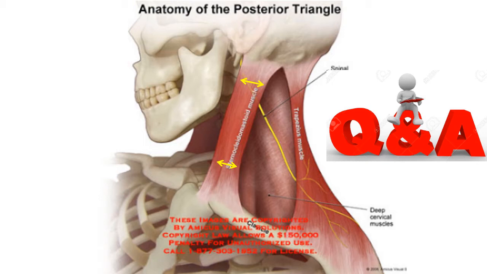Why should we take care and study this muscle? Because it is an important landmark in the neck. It separates the posterior triangle of the neck from the anterior triangle of the neck.